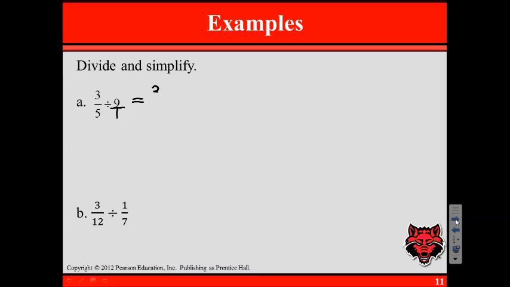The first fraction stays the same. Change the operation to multiplication. Flip our second fraction. Then we multiply across the top and across the bottom. Once we do so, remember to make those prime factorizations and cancel any common factors. So 3 is prime. It is its own prime factorization.